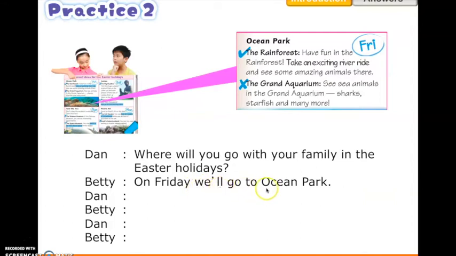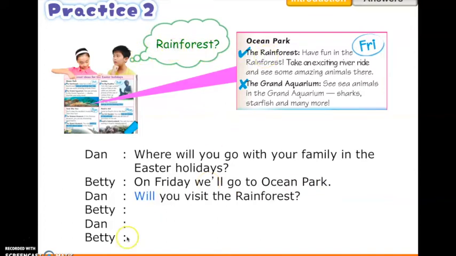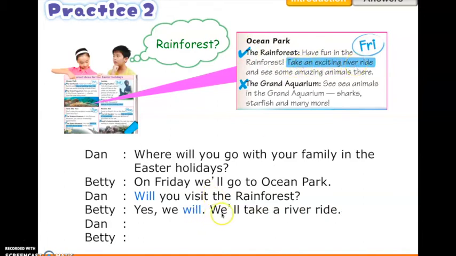We will go to Ocean Park. And then Dan is thinking about the rainforest. He will ask, will you visit the rainforest? And then Betty will say, take an exciting river ride. Yes, we will. We'll take a river ride. Look at this. Yes, we will. We will take a river ride.